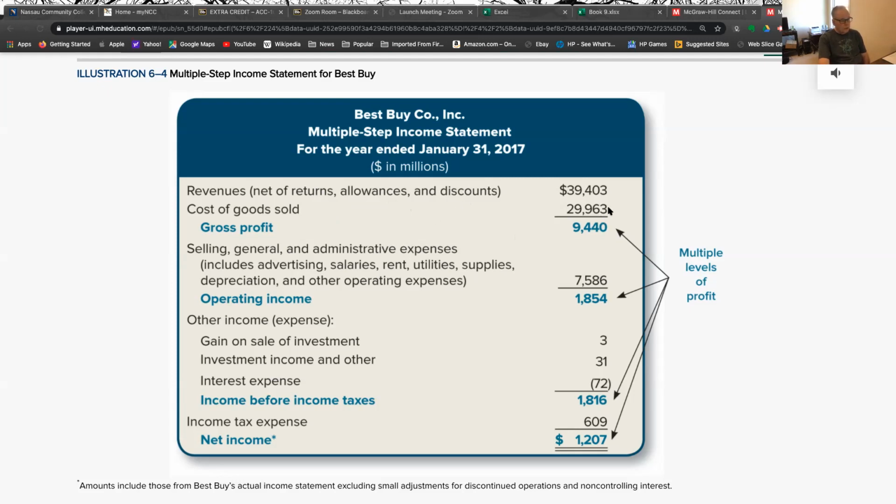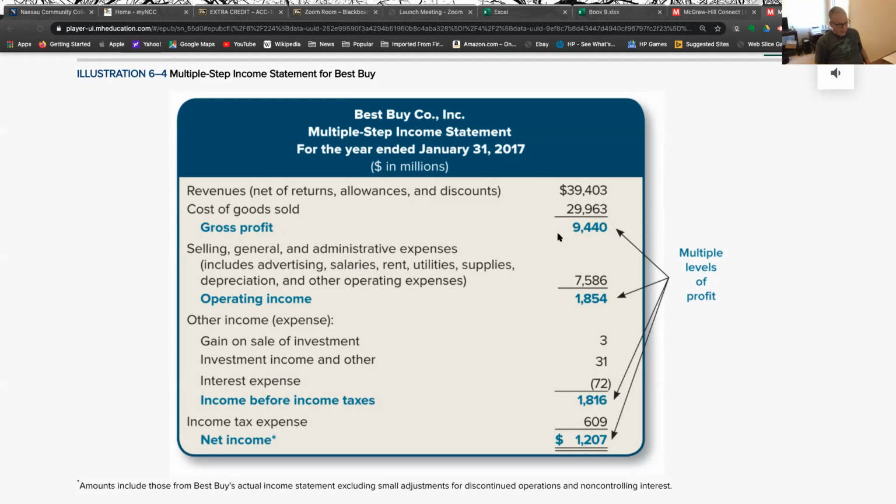Cost of goods sold, we just talked about. So 39,403 minus 29,963 is 90,440. And notice they have a name for that. They call that gross profit. So what is gross profit?